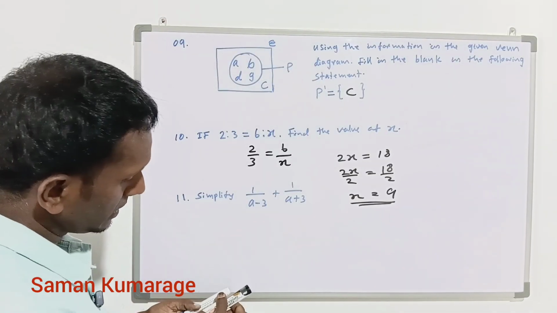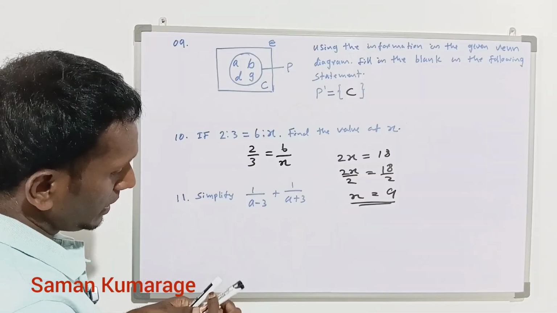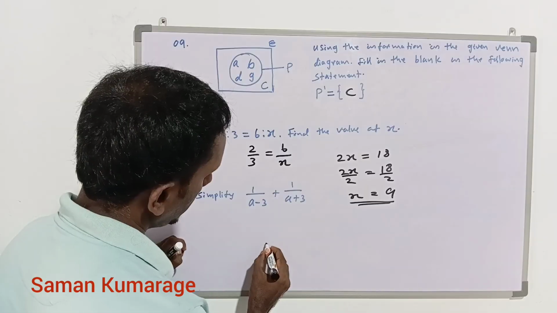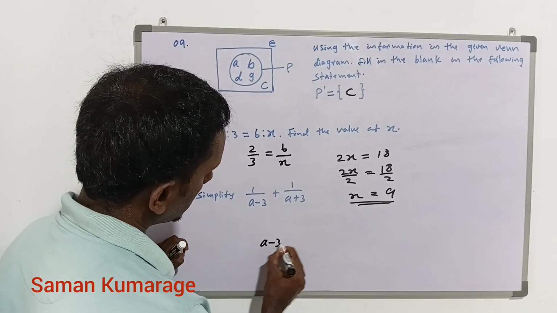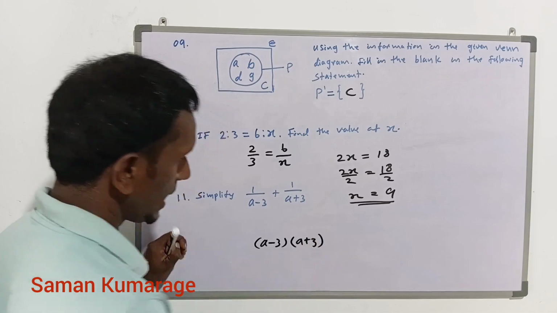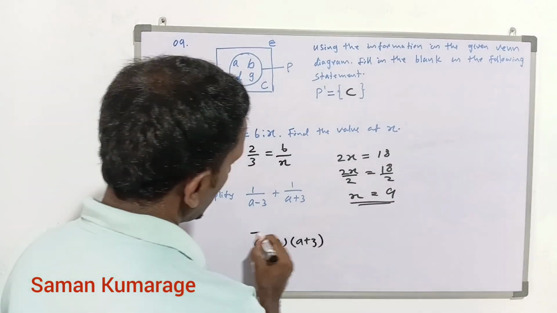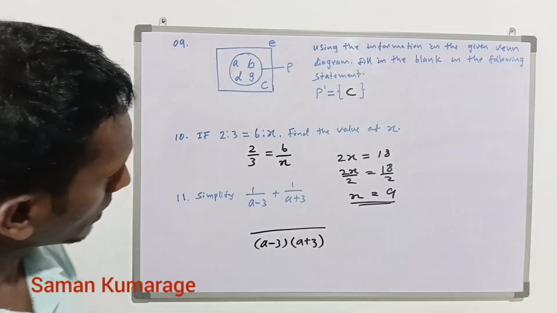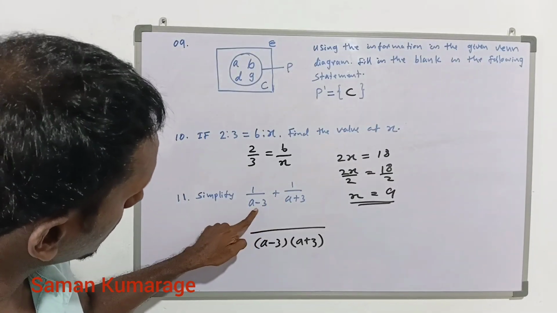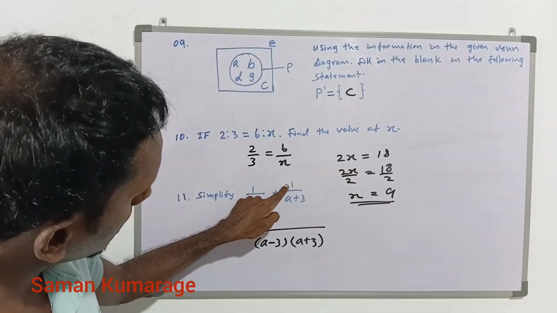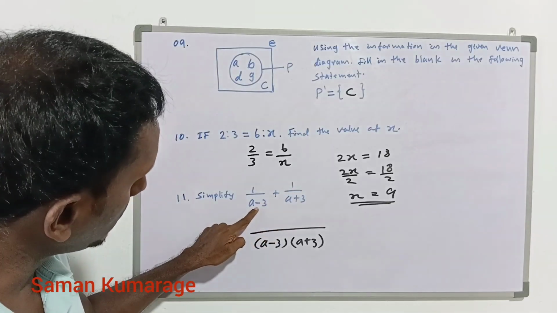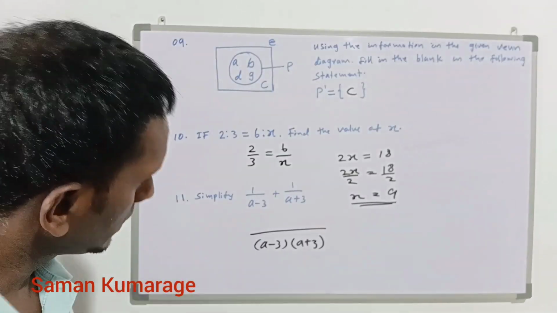In this case, the least common multiple is the product of these two expressions. So we can write a minus 3 times a plus 3 as the common denominator, and then we have to cross multiply these. The numerator of this fraction should be multiplied by the denominator of the other.